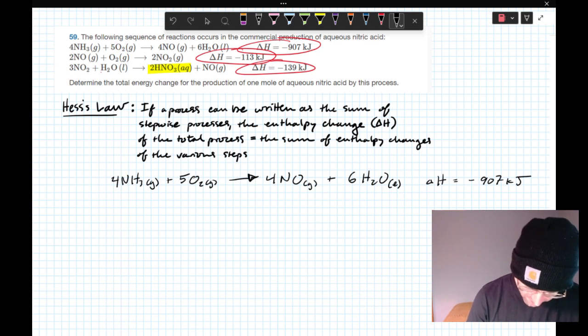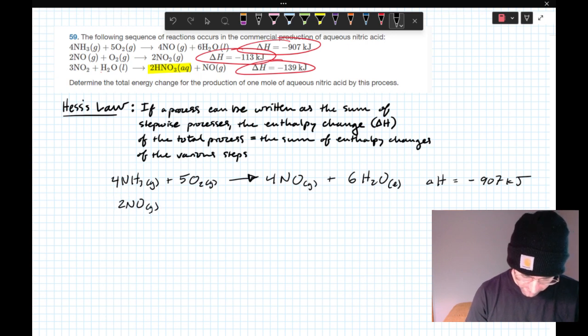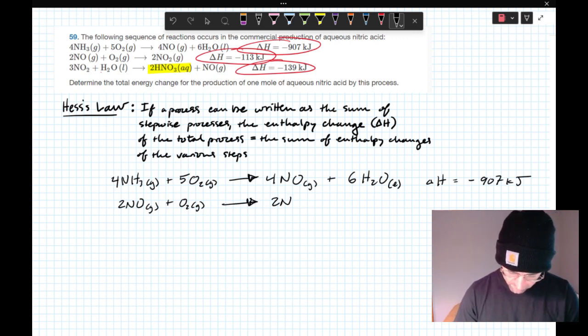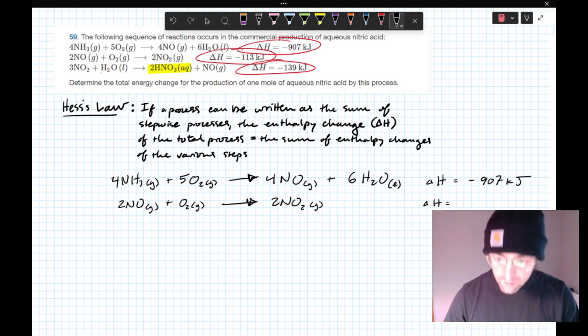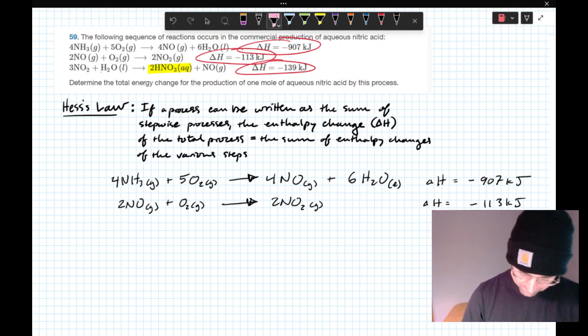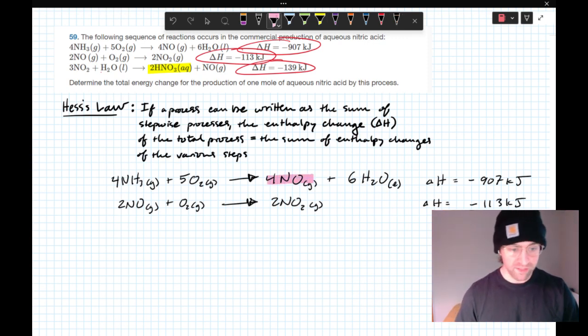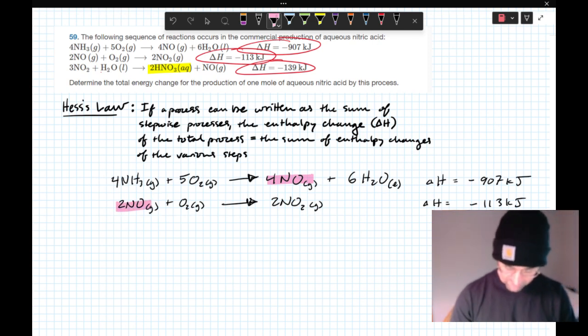In our next equation, we have 2 nitric oxide plus gaseous oxygen yields nitrogen dioxide, with negative 113 kilojoules. Now, to get this to line up, we have 4 nitric oxide on one side and 2 nitric oxide on the other.